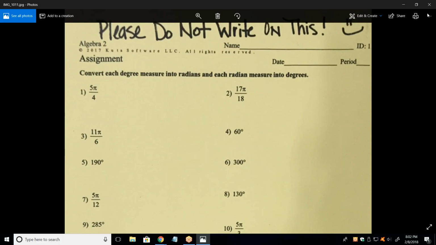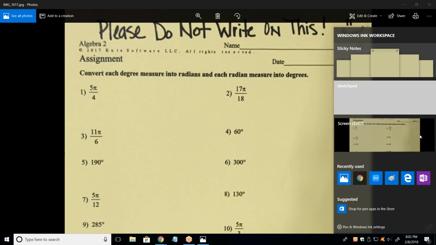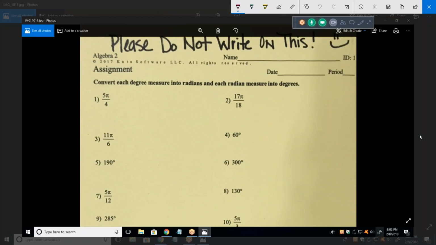Let me take a picture of this so I can write on it. It's either pi over 180 or 180 over pi, depending on which way you're going.